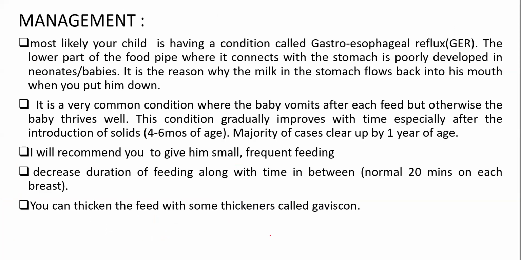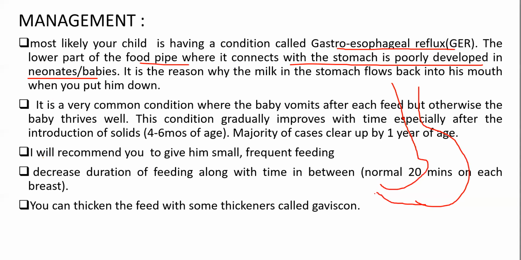Then you are going to explain what gastroesophageal reflux is. You'll say that most likely from history and exam, your child has a condition called gastroesophageal reflux. The lower part of the food pipe, where it connects with the stomach, is poorly developed in babies. When you give food to your baby, it goes through the mouth into the food pipe and then into the stomach.